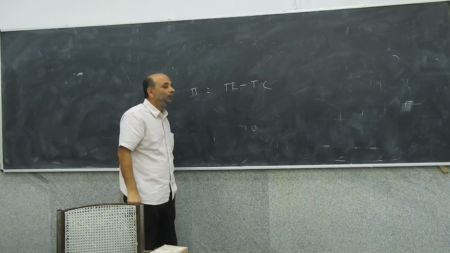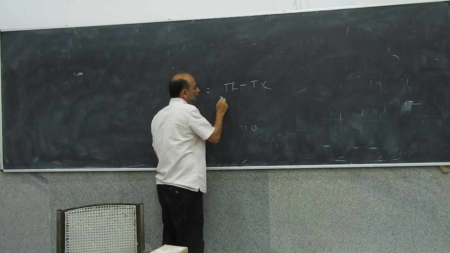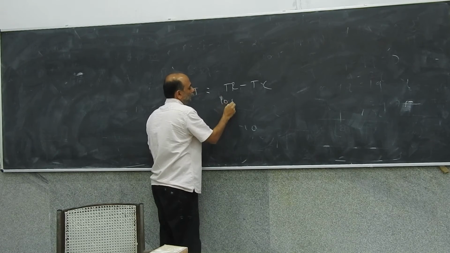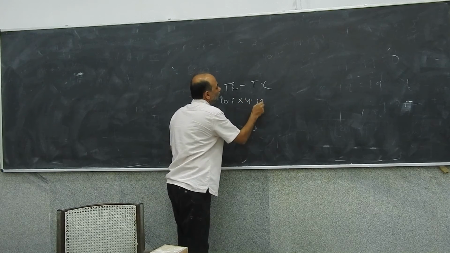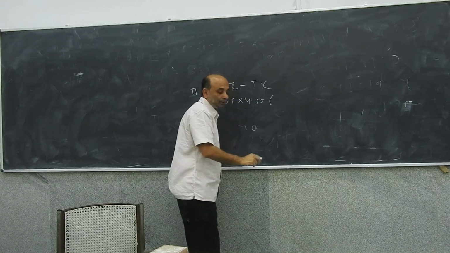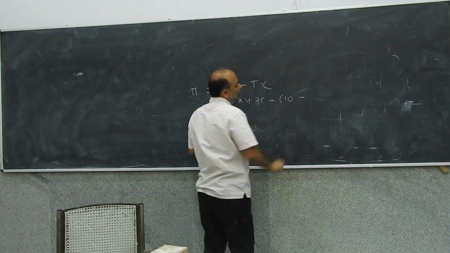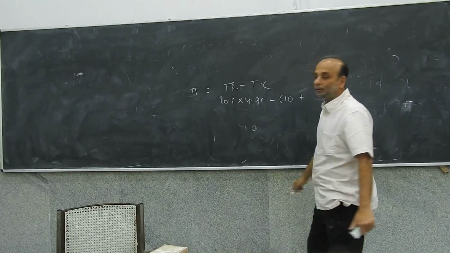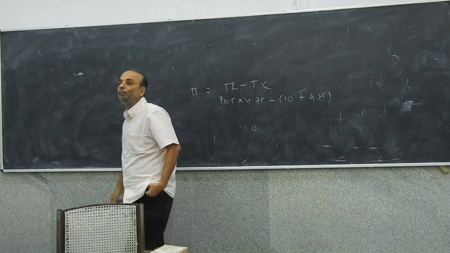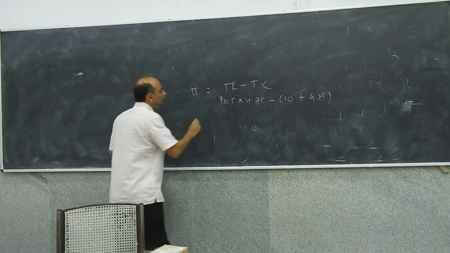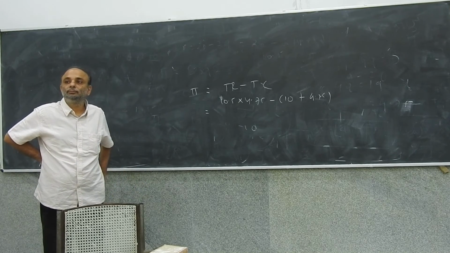Total revenue is P, which is 10.5, into quantity 4.75, minus total cost, which is 10 plus 4.75.